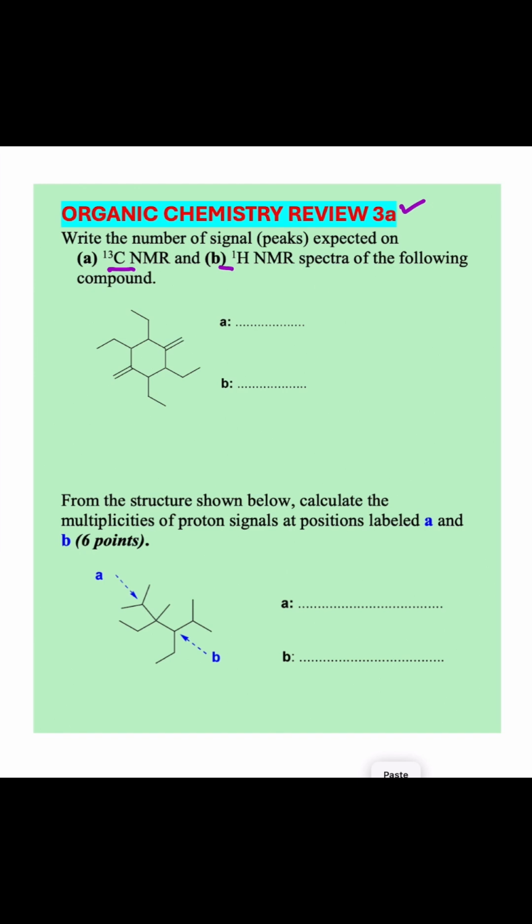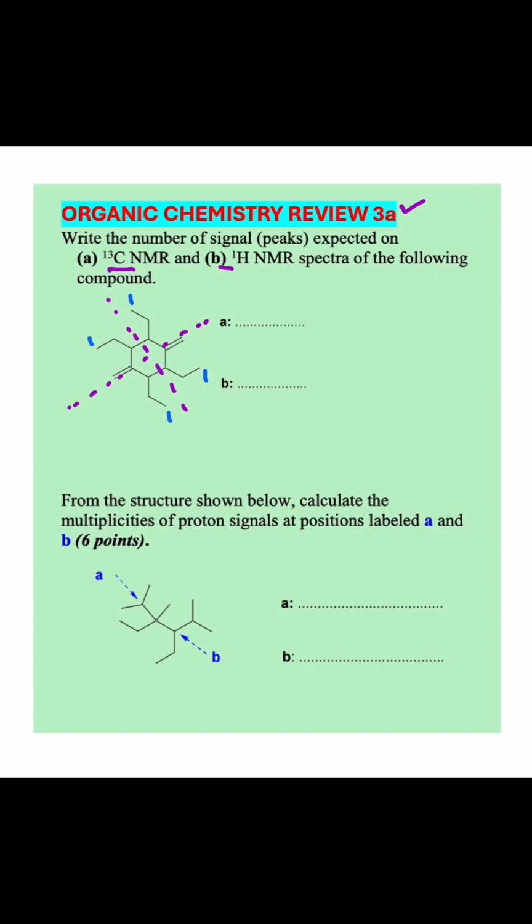So if you look at this compound, you see that it has a plane of symmetry that divides that into two, and then you have another plane of symmetry here, and that basically means that this and this and this are all the same chemical environment.